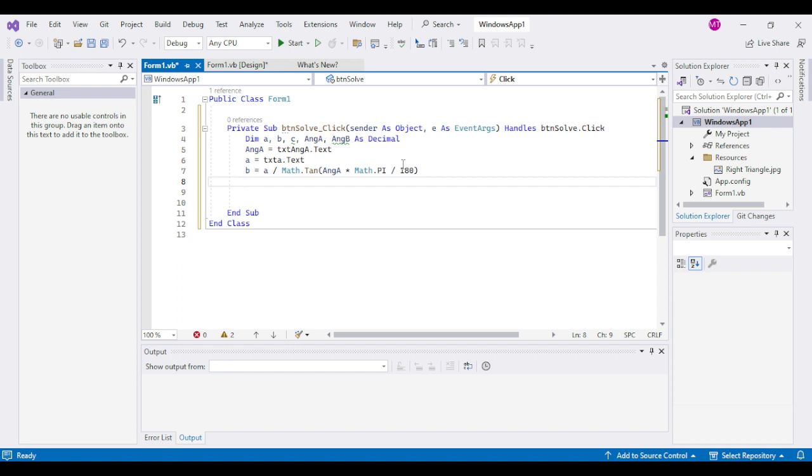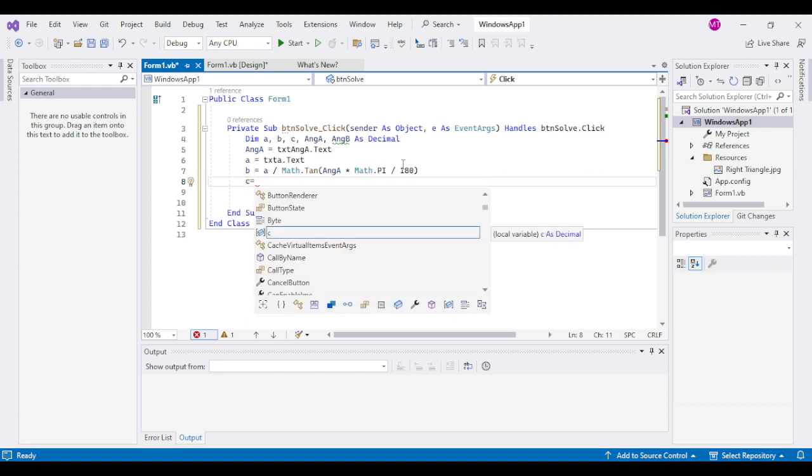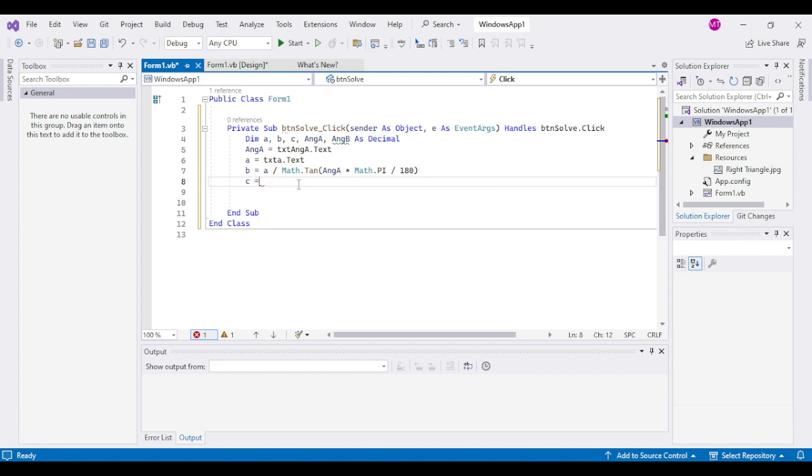Then for C, you can use the Pythagorean theorem, or I think we will use sine. We have to use sine here because we have A and angle A, and we have B now, so you can use the Pythagorean theorem, but I will use the sine function here. We have A over sine theta.